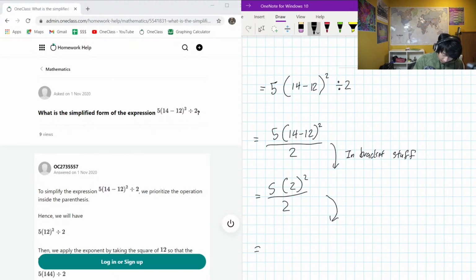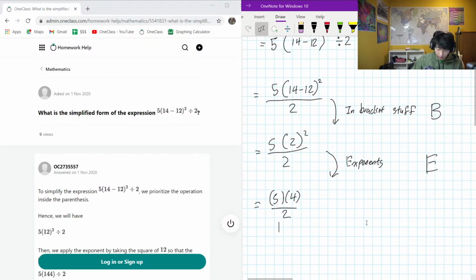So the next step, we want to do exponents. If you look closely, you can see that we're doing the B in BEDMAS and then the E in BEDMAS. So it'll be 5 times 4 over 2, because 2 squared has got to be 4.